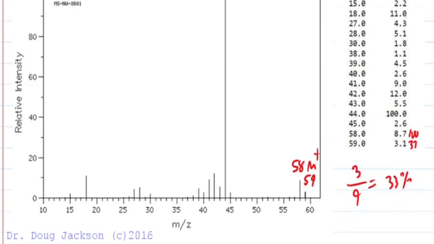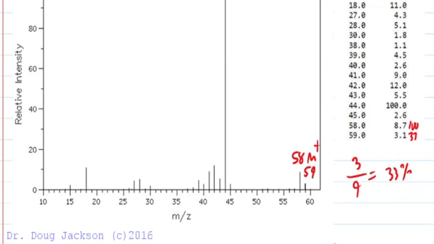it's too big. 59 is too large to be an isotope peak because at 58, if we do 58 divided by 13, we're only allowed to have 4 carbons in this molecule.